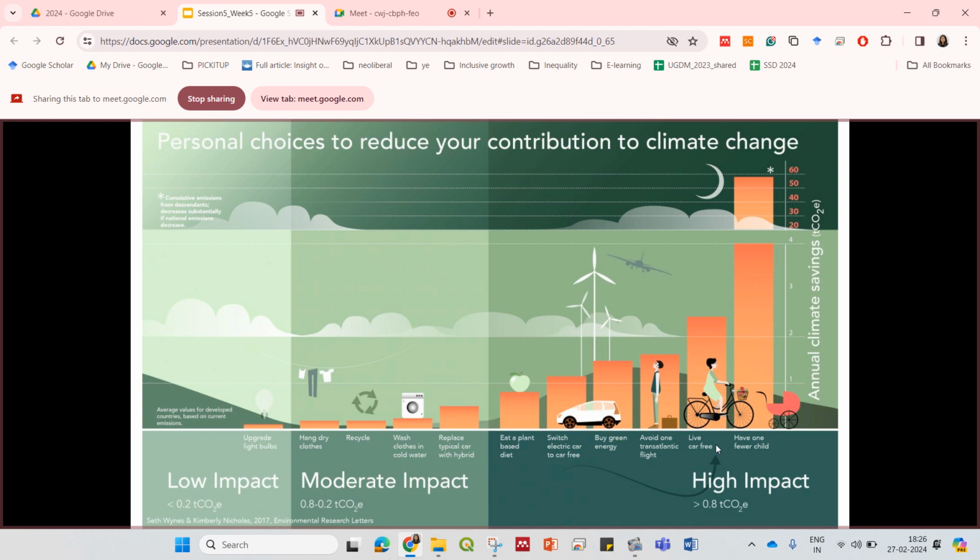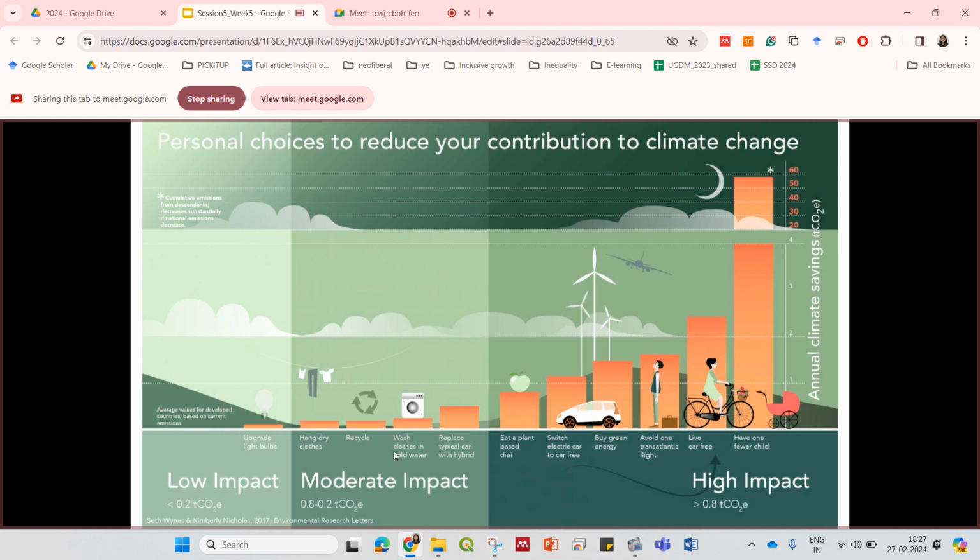Then living a car free life, so using either bicycles or public transport, and having fewer children, so basically reducing the amount of people who are reliant on the natural resources. So these are the things which will have higher impact on climate savings or in mitigating climate change.